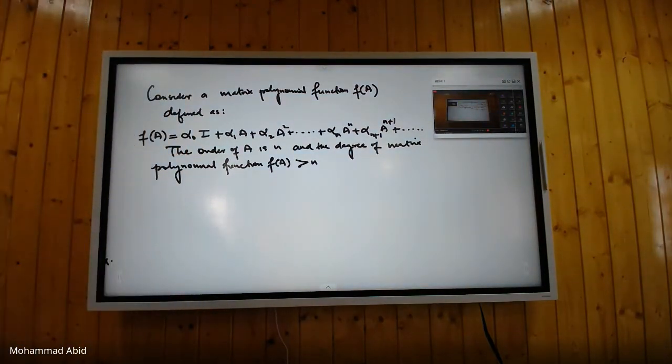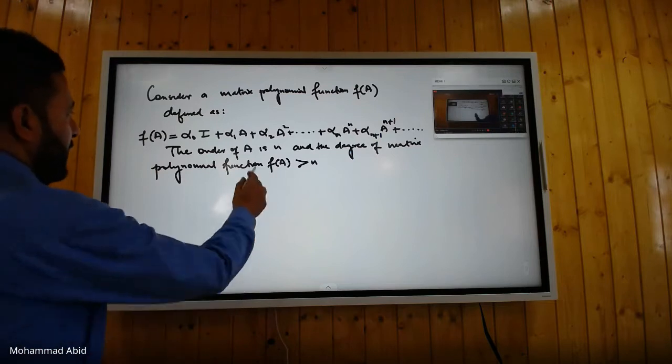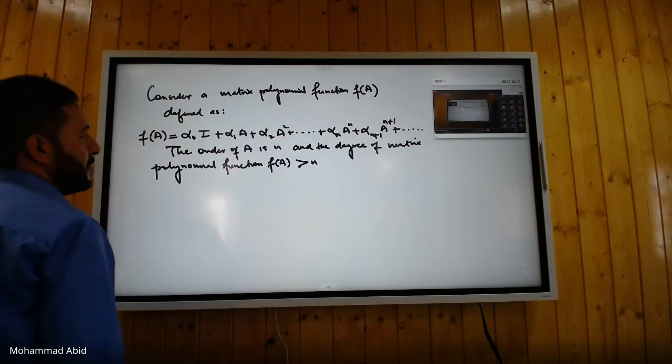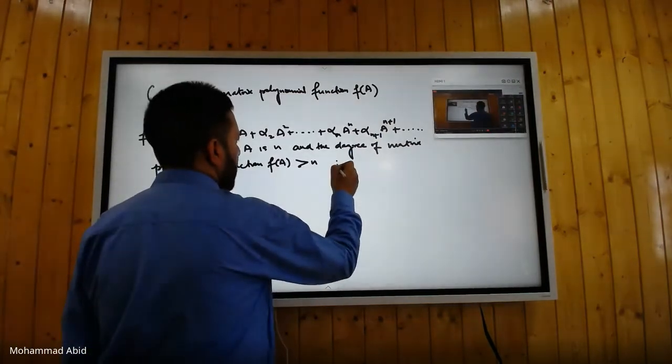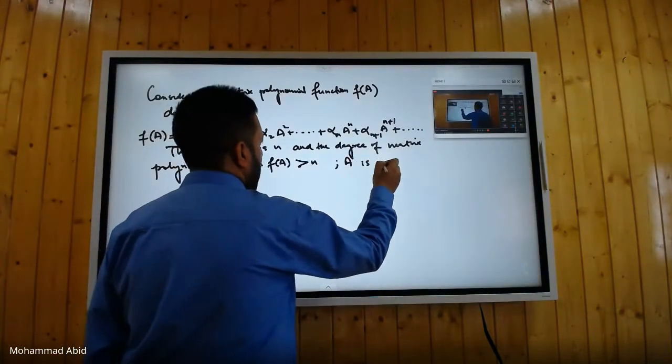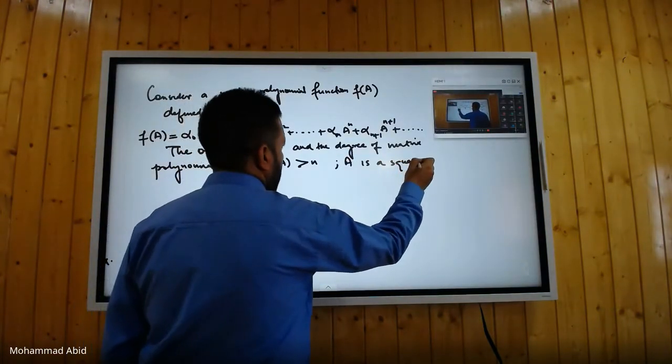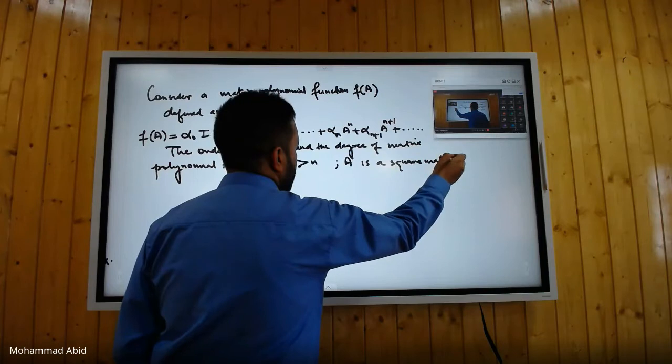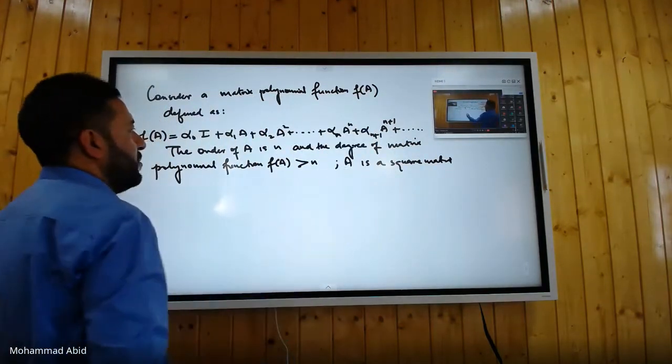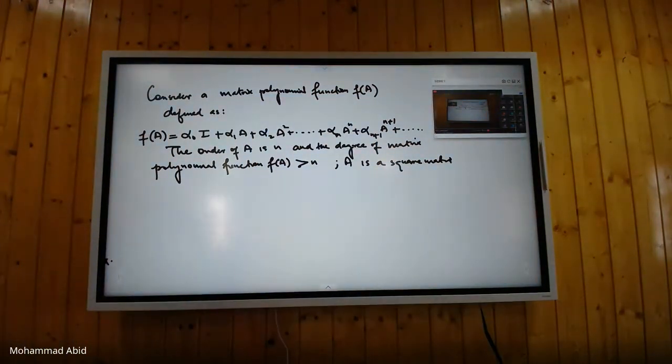I am considering a matrix polynomial function F(A) which is defined like this. The order of A is actually n. A is a square matrix, which is obvious actually, because this A square, A to the power n, you can compute for square matrices only.